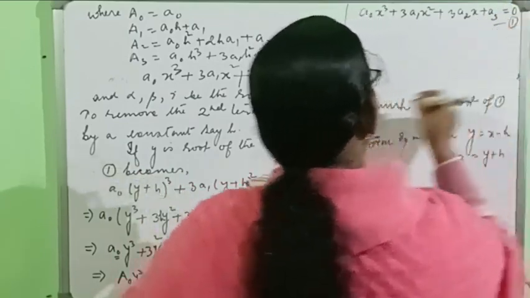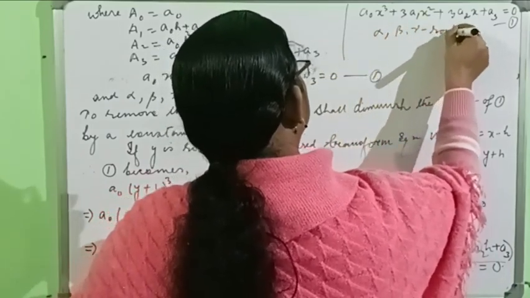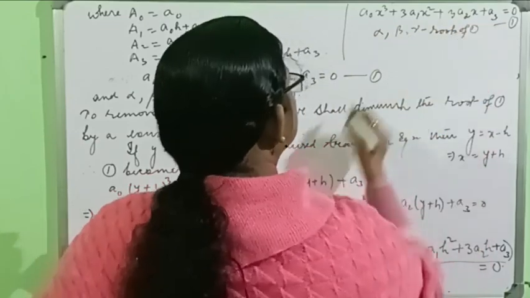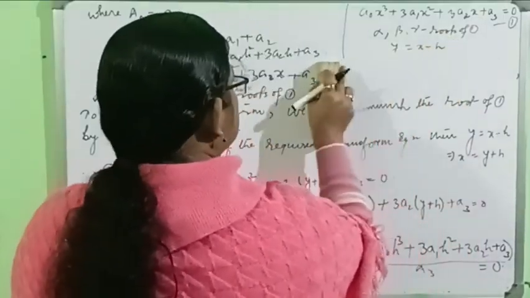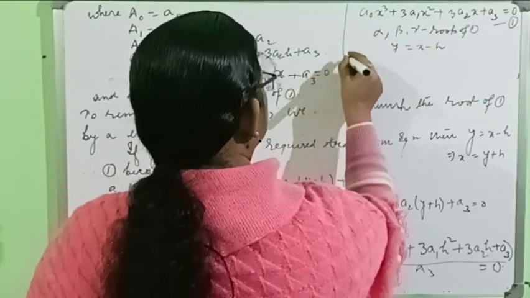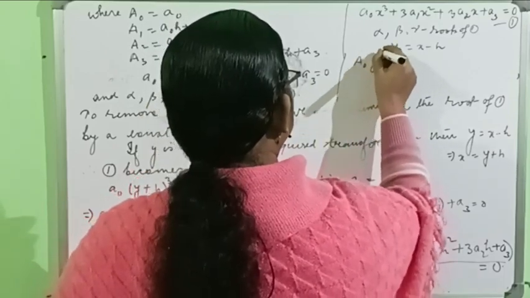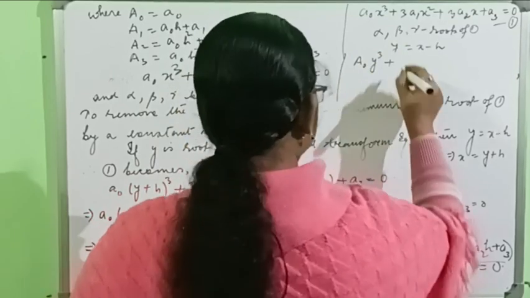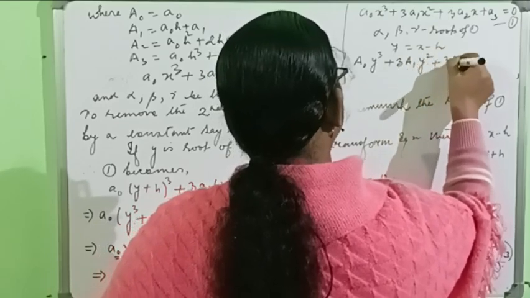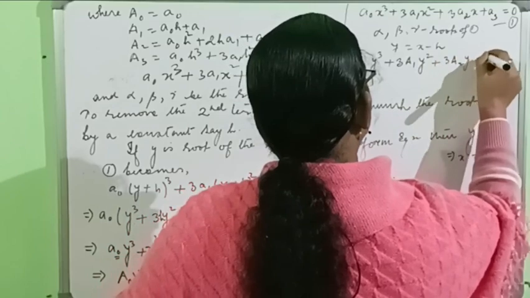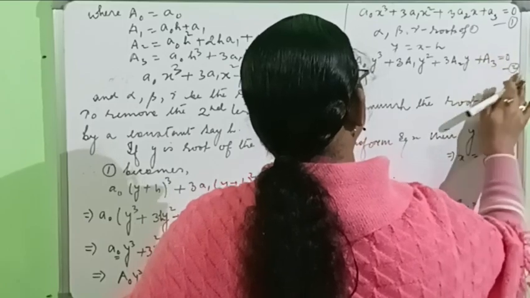This is my equation 1, where alpha, beta, gamma are roots of 1, y is equal to x minus h, and the second equation is a naught y cube plus 3a1 y square plus 3a2 y plus a3 equal to 0. This is equation 2.